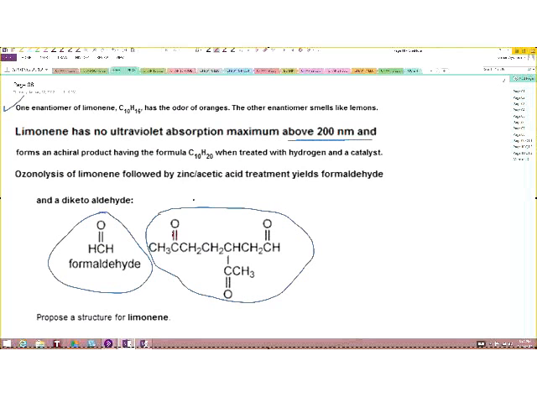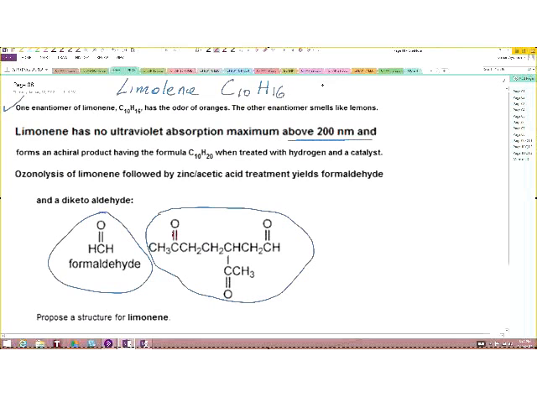Okay, proposed structure for limonene, right? Okay, very good. Now, what they've told us here, they've given us this molecule they call limonene. It has a molecular formula of C10H16.